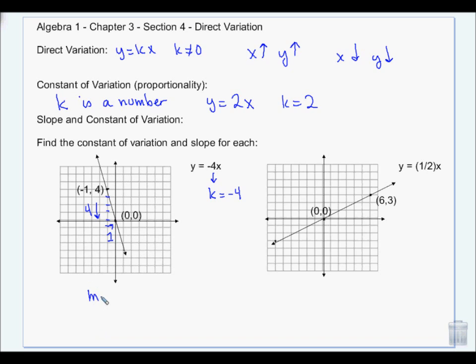So my slope is -4 over 1, -4. And so you'll notice that slope, m, and the constant of variation, k, are the same. So your constant of variation is the same thing as your slope in a direct variation.